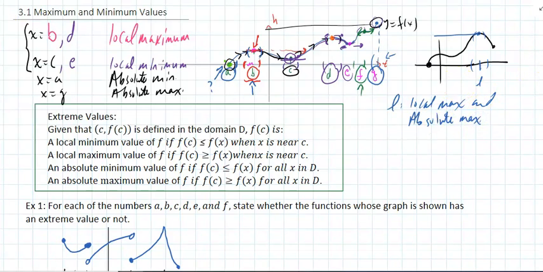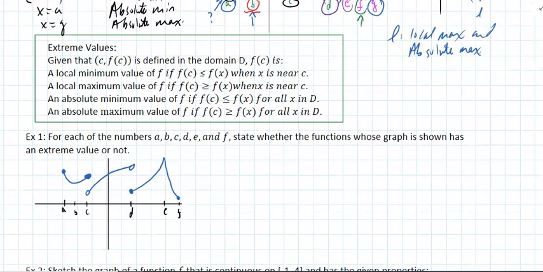So, putting that in a table, given that C and f of C is defined in the domain D, f of C is a local minimum if near C, around C, the y value is lower than all the other y values. We call that a local minimum, just around it.